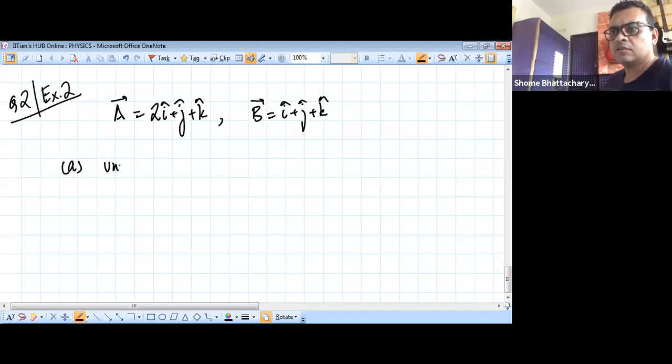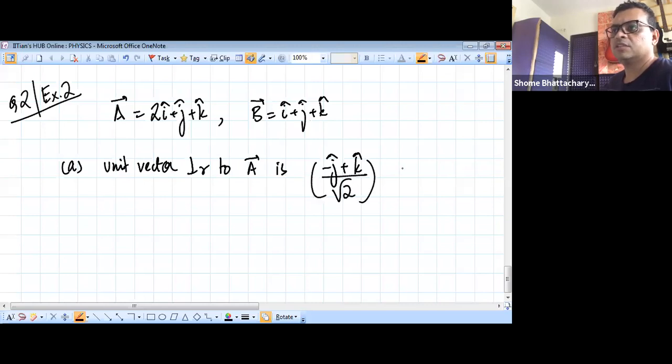The option says that a unit vector perpendicular to A is minus j cap plus k cap by root 2. So let's check whether this option is correct or not.